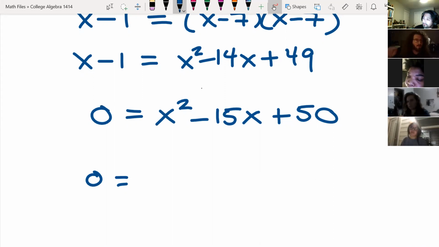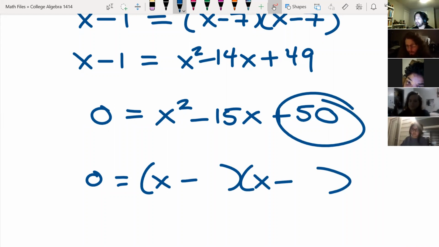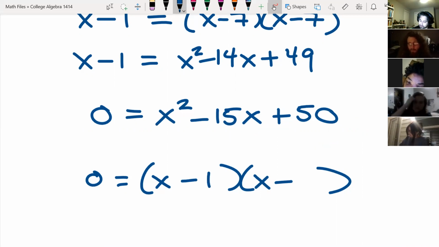Factoring. So we factor. And there's minus and plus, so that means it's going to be x minus a number, x minus a number. And what are 2 factors of 50 that can make 15? 10 and 5.